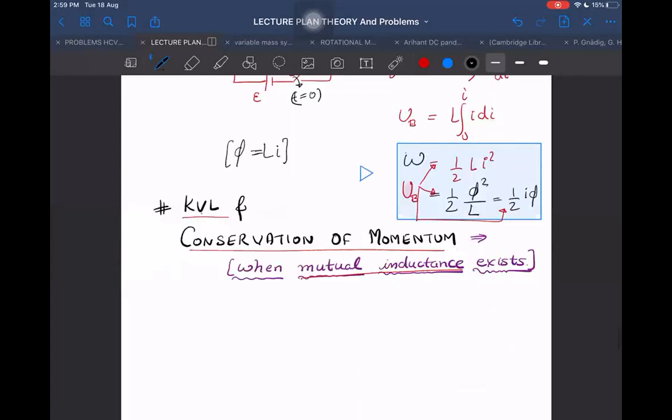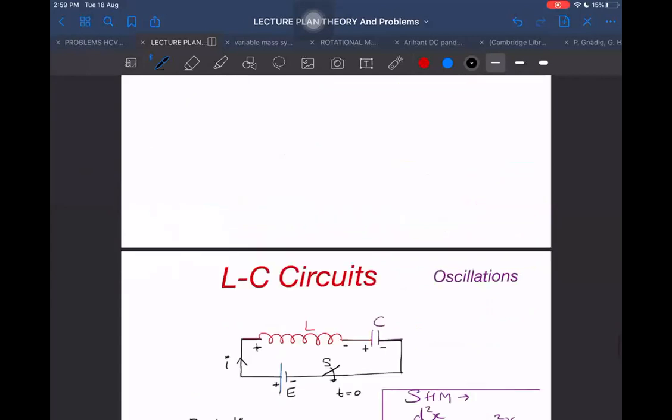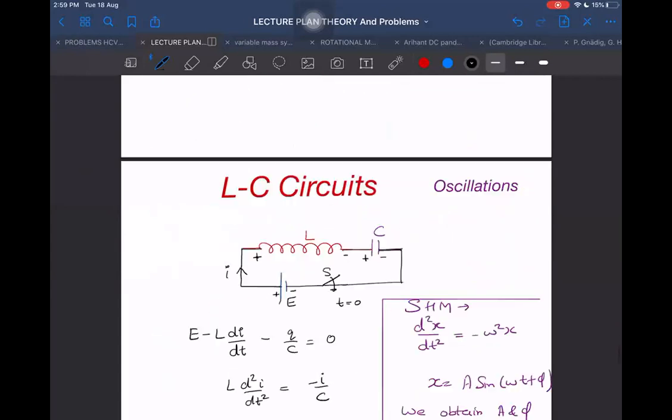Energy stored in the inductor, I already told you this formula, right? LC circuits I have not told you yesterday. This is something new: LC circuits or LC oscillations. Now, if I have one inductor and one capacitor, the inductor has some magnetic field, and the capacitor has energy stored inside it in the form of electric field.